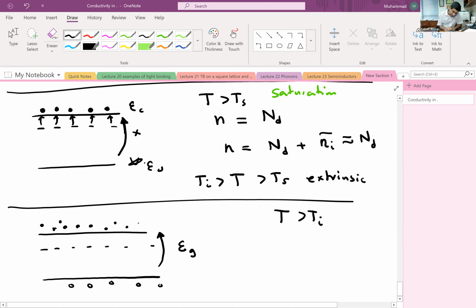And in this regime, N is Nd plus Ni, and Ni overwhelms Nd now. So this is roughly Ni. Remember that in real semiconductors, Nd is much smaller than Ni in any case.